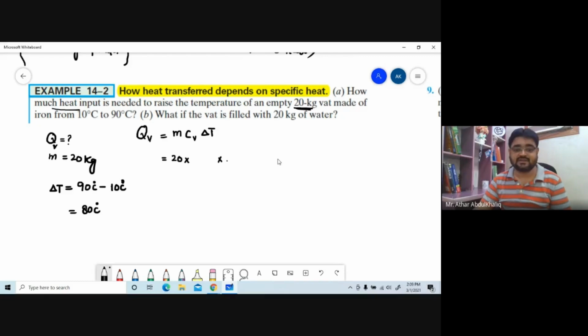Temperature is increased up to 80 degrees Celsius. Specific heat for the iron, because they said the vat is made up of iron. So for the iron, you can check in the table, it is 450 joule per kilogram per Celsius.